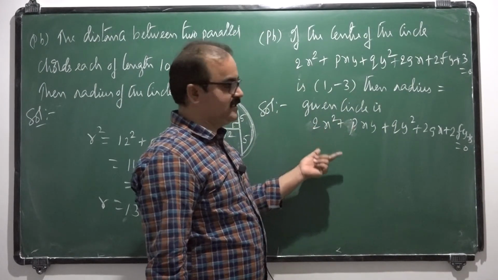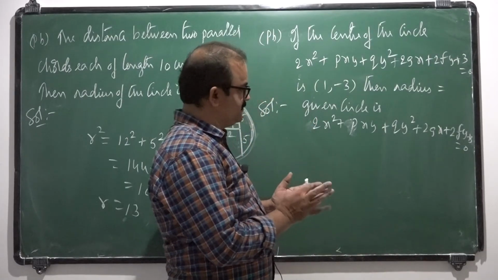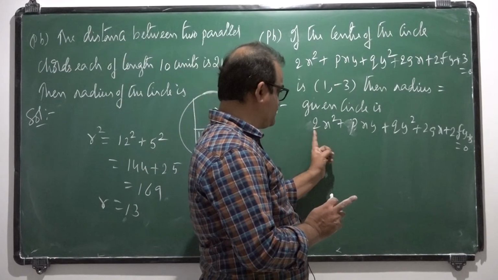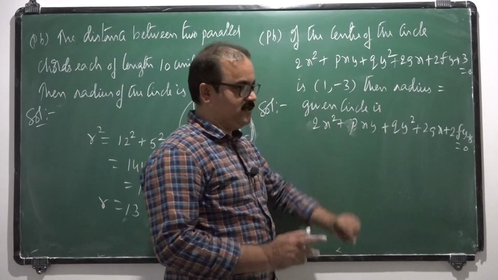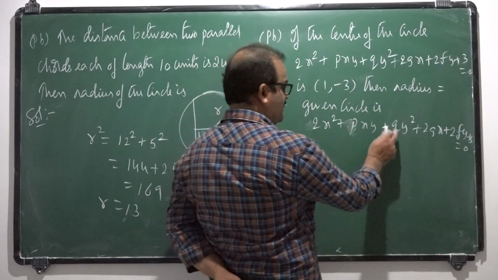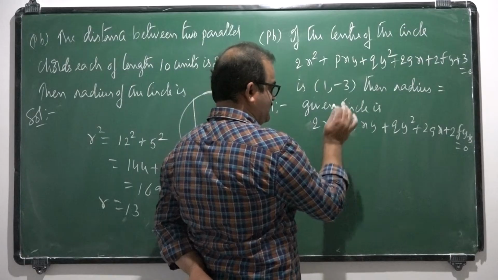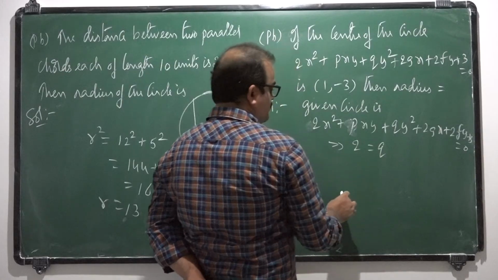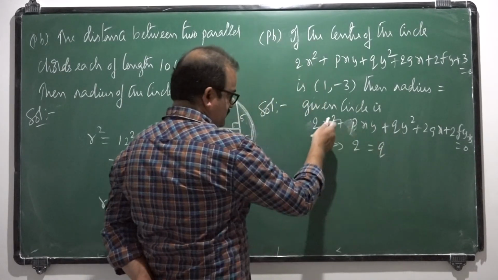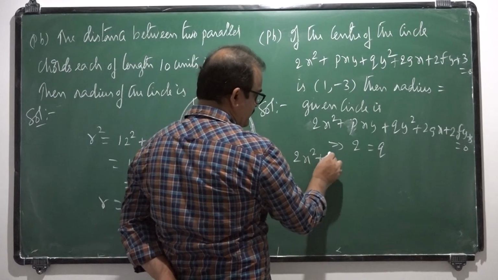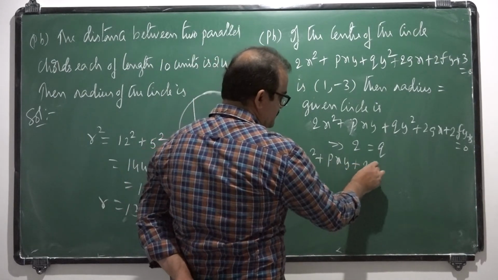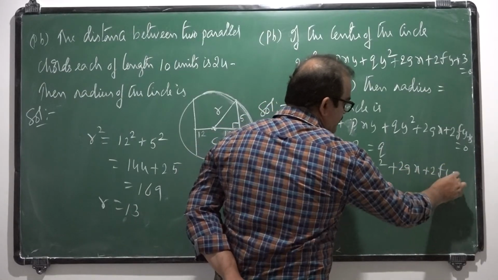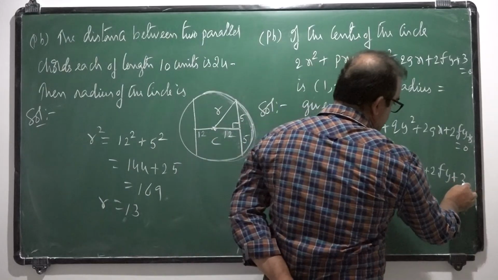When this represents a circle, there is one condition: coefficient of x square must be equal to coefficient of y square. That is the basic condition to represent this as a circle. So 2 is equal to q. Substitute q value in this equation, we get 2x square plus pxy plus 2y square plus 2gx plus 2fy plus 3 is equal to 0.